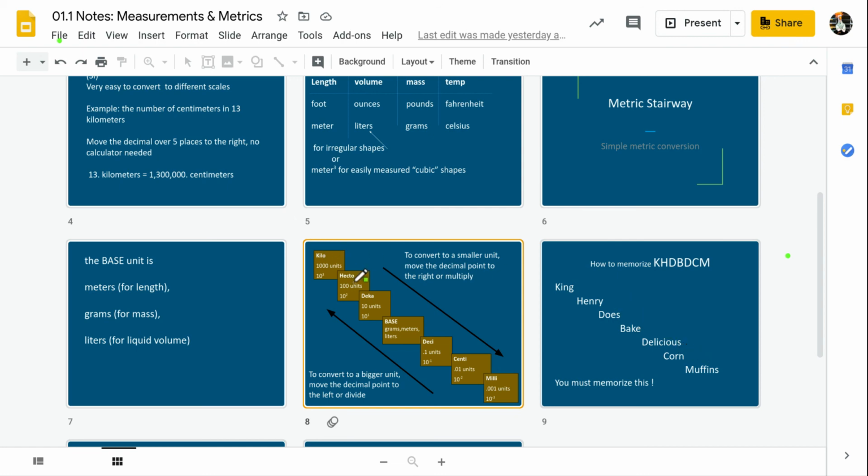So the KHDBDCM. Or there's a whole bunch of sayings like this. Kangaroos have dandruff but don't care much. Or King Henry does bake delicious cake mixes. Any way that you remember that, but that will help you convert within the metric system. The only thing that you really need to then know is when you have that base unit, that is really your grams, meters, or liters.